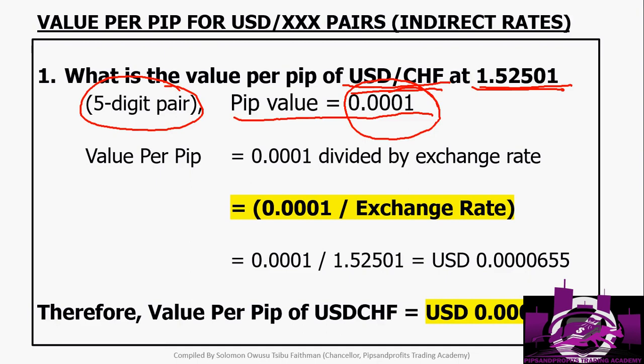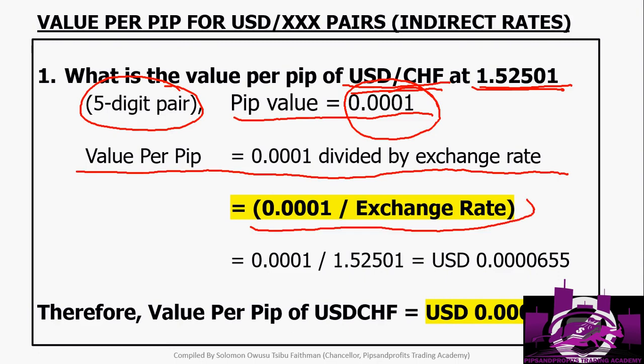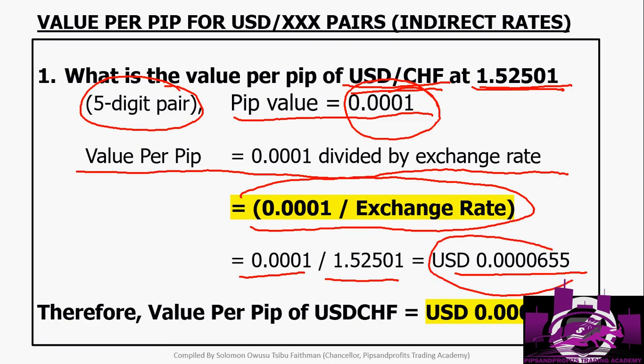And then our value per pip formula is 0.0001 divided by the exchange rate. When we put our figures in the formula, we have 0.0001 over the exchange rate, and this is going to be the answer.